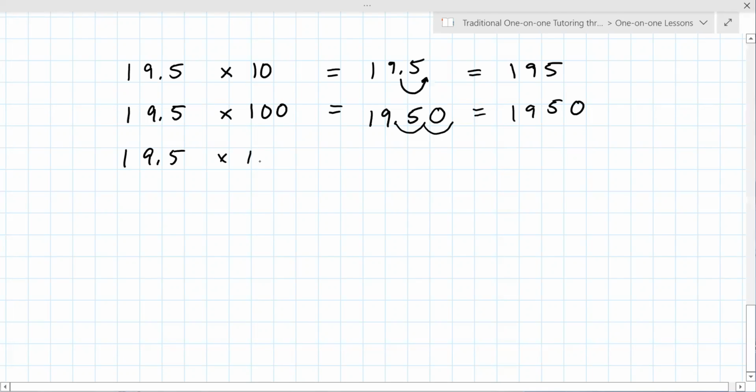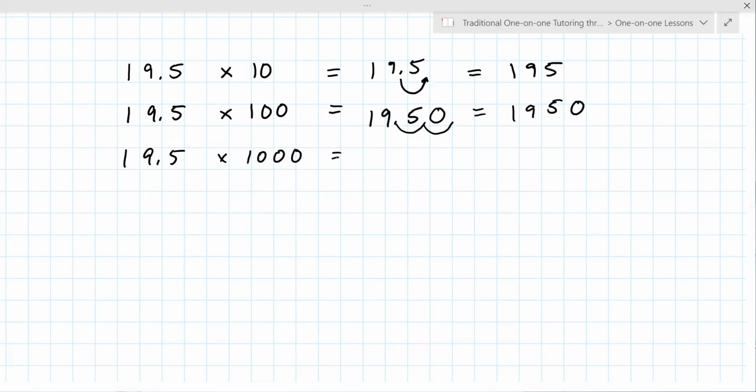Okay, so I want you to try multiplying by 1,000 here, and tell me what you come up with, please. I have one question for this.